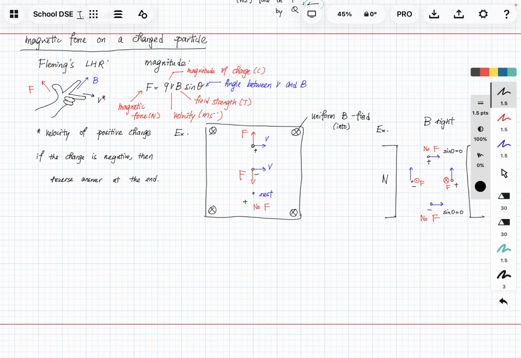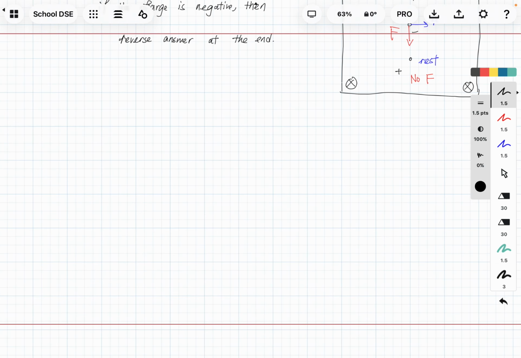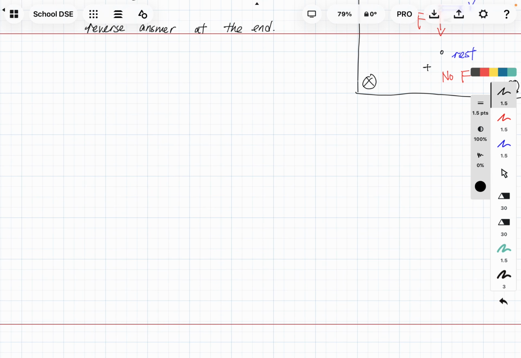Therefore, we have the period T equals 2 pi m over QB. So this is another famous result, or at least a result that we can obtain from QvB equals mv squared over R.